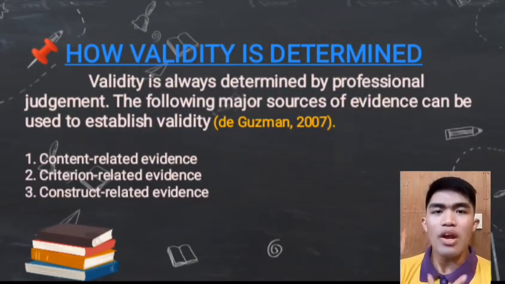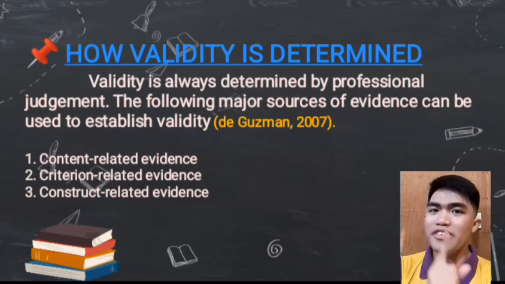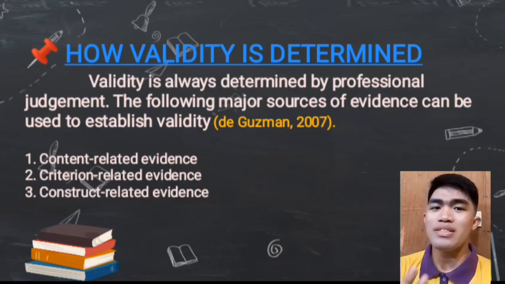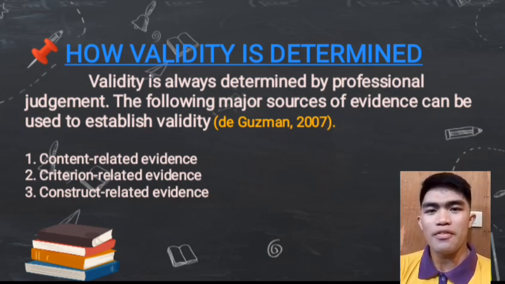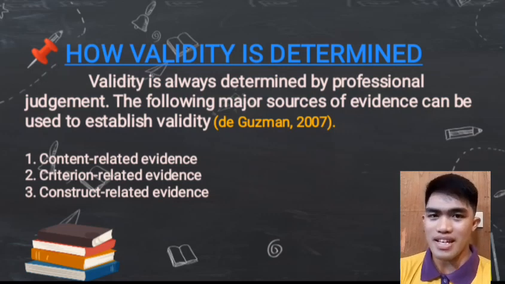At this point, we are going to know how validity is determined. And take note that validity is always determined by professional judgment. Yes, in education, only the teacher in the field can judge the validity of the test, not the doctor, nor any other profession.